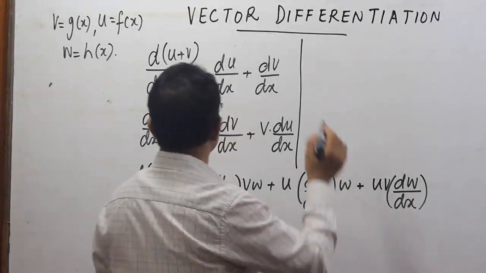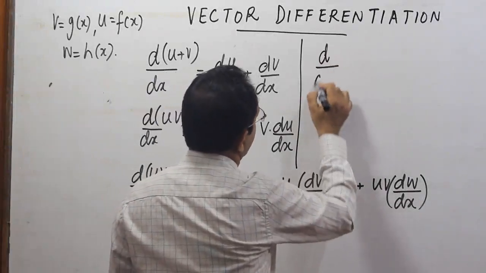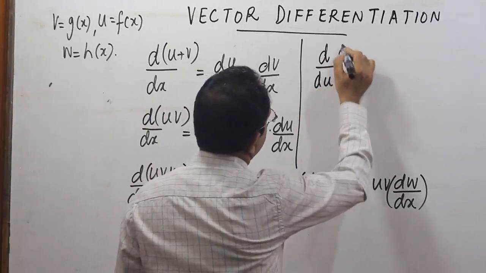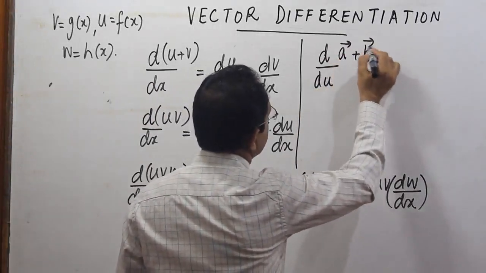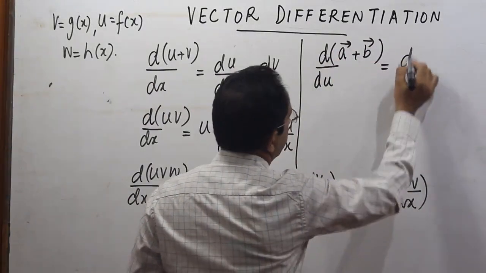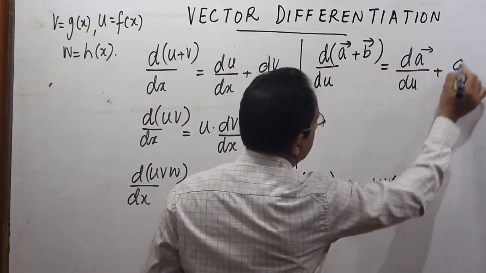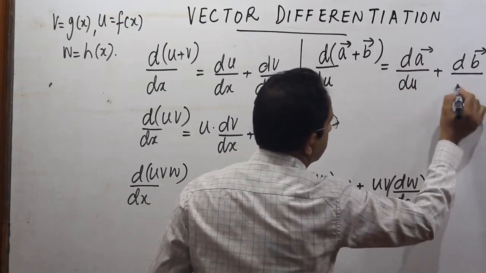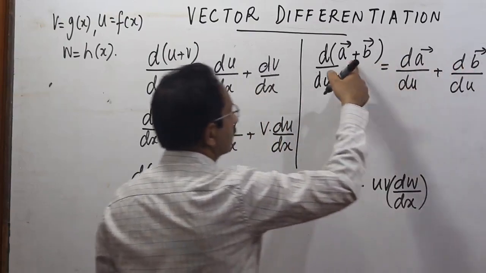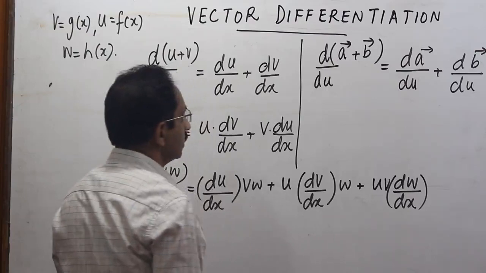So thinking of d over du of a plus b would be derivative of a with respect to u plus derivative of b with respect to u. It can be also a minus sign here, that will not change.